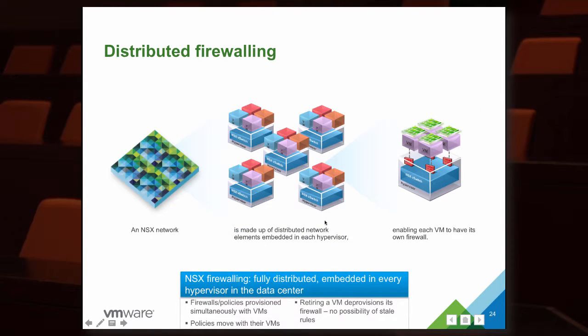Distributed firewalling is at the core of the concept of microsegmentation. It takes our NSX network, which we know is made up of distributed network elements embedded in each hypervisor, and then it allows each virtual machine to have its own firewall.